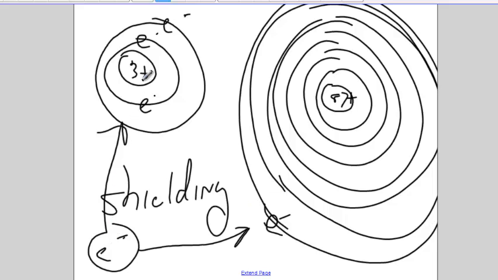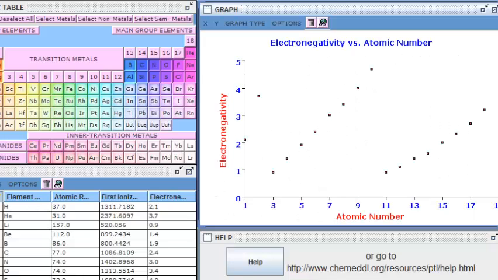It's much easier for it to go into the 3+. So as I go down, electronegativity is decreasing. Again, same trend as ionization energy. And if you look at the graphs, there it is, and you'll see that. As I go across, electronegativity is increasing. As I go down, electronegativity is decreasing.